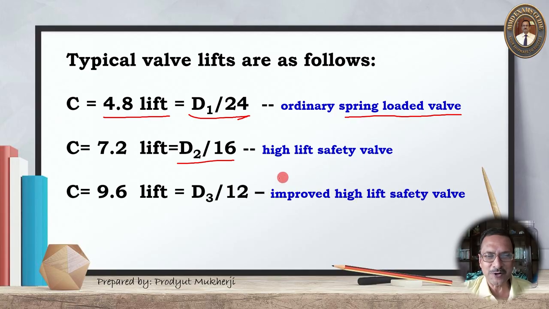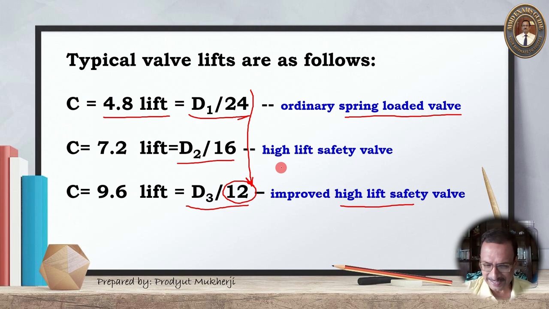If C is 9.6, then lift would be D3 by 12, that is an improved high lift safety valve. If you notice, as the C is increasing, obviously the D is decreasing, but by reducing the denominator, we are increasing the lift. The lift is increasing as the D is decreasing.